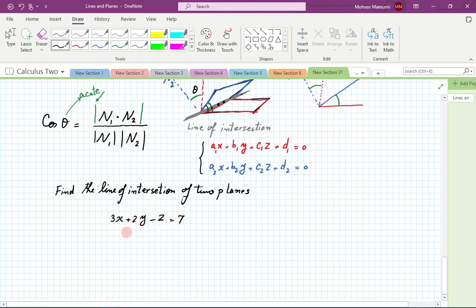This is one of the homework exercises. The other one is x minus 4y plus 2z. Let me modify that a bit so that it becomes a bit more general. Okay.